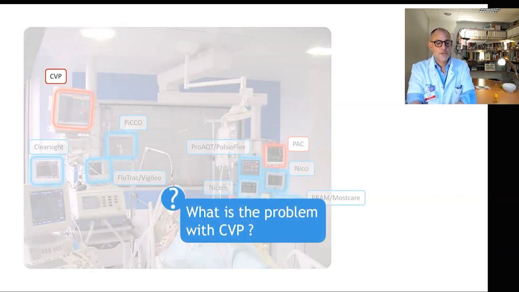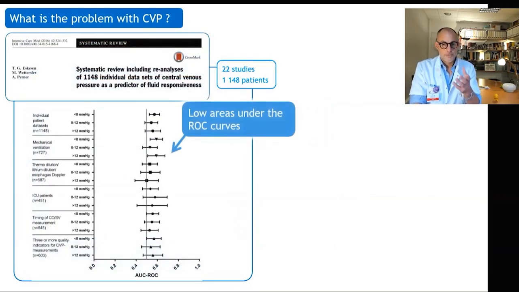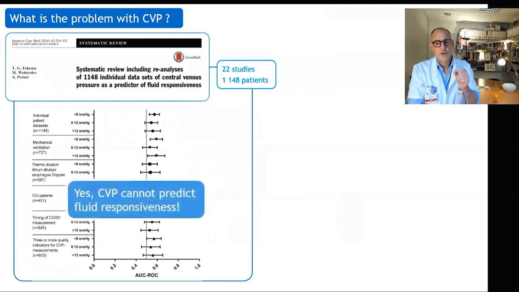Let's start with CVP. What is the problem we have with central venous pressure? The problem comes from the fact that we know that clearly CVP does not tell us anything about fluid responsiveness. A lot of studies, many patients tell us that a given level of CVP doesn't tell us whether the patient is going to respond to fluid or not.